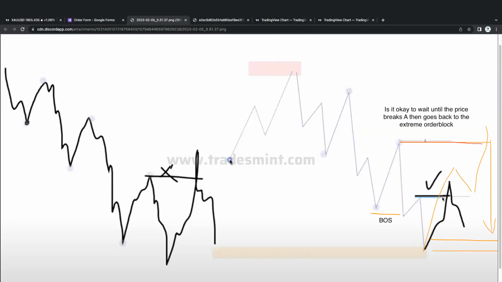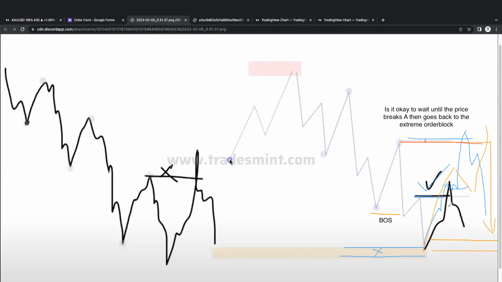So the first one is also like a choch if price mitigates your POI, right? So we can consider this as a choch if the market taps on your order block, right? But if the market does not tap any POI, then price must have broken this way.